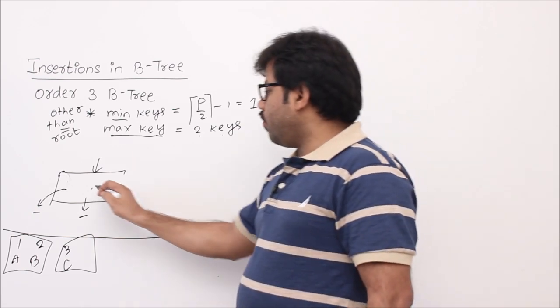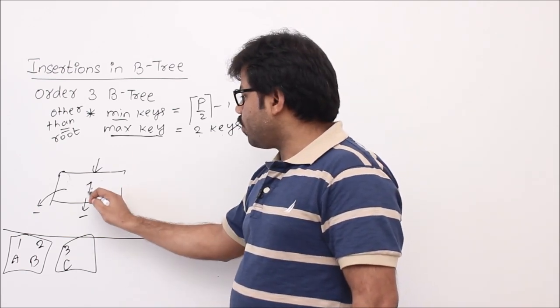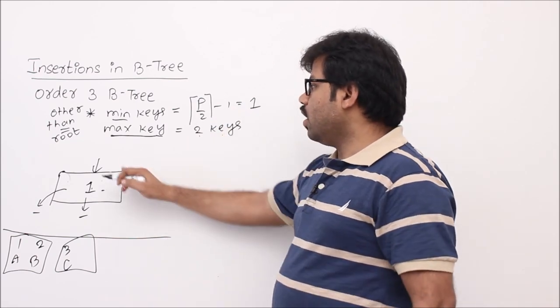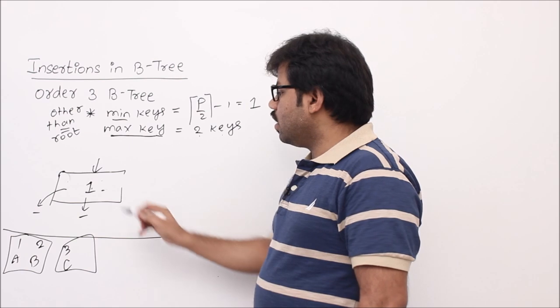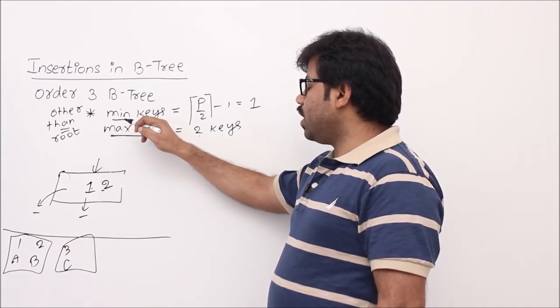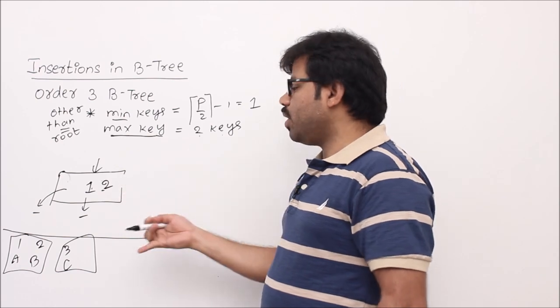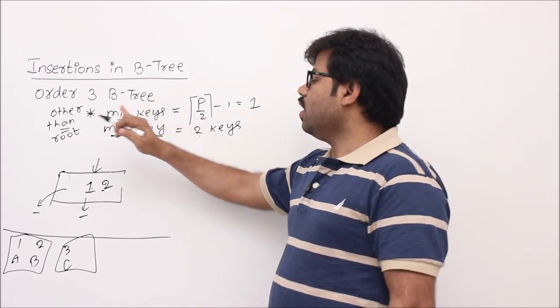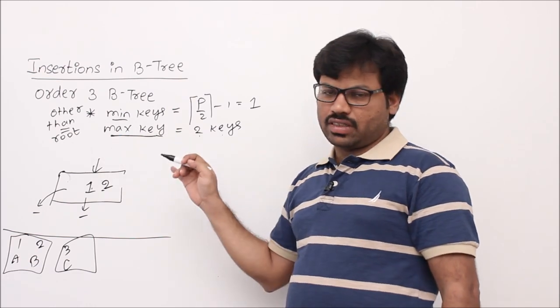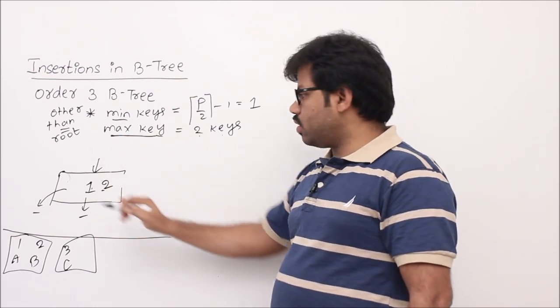Second, whenever I add one key, the minimum condition is satisfied, but of course it's not compulsory. Root doesn't have any such restriction. Then 1 comma 2. From now onwards, when you satisfy the minimum condition and add more data, the minimum condition will be automatically satisfied. We don't worry about it, and we start worrying about maximum keys. So maximum keys are 2, remember. So far it's good.